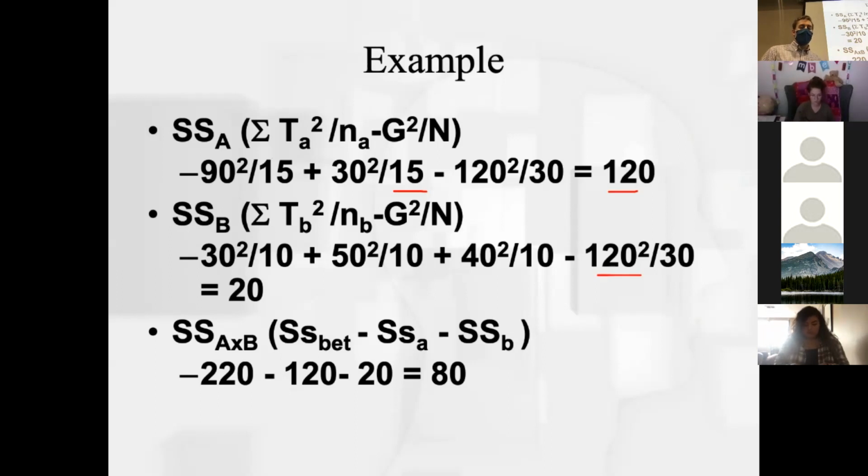And then to find that interaction term, we're taking the sum of squares between that we already found. From that, we're subtracting 120 for that sum of squares factor A that we found up here, minus that sum of squares factor B that we found here.